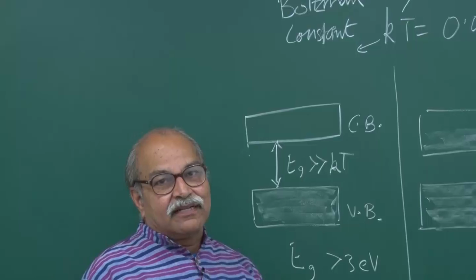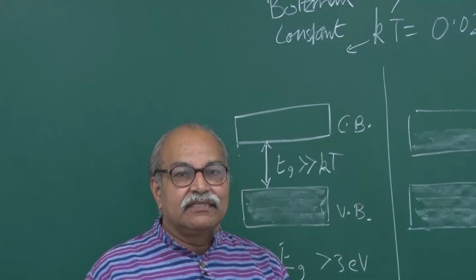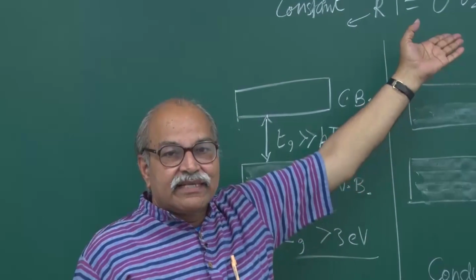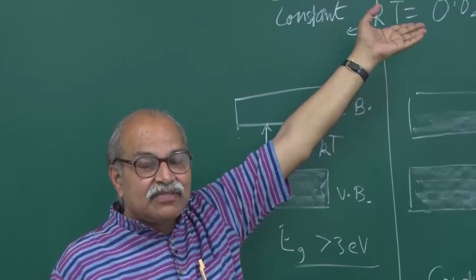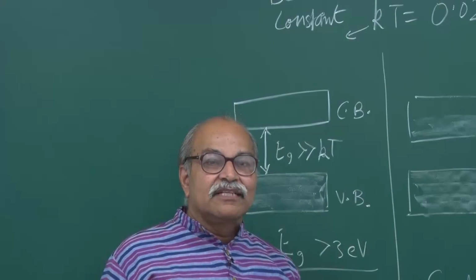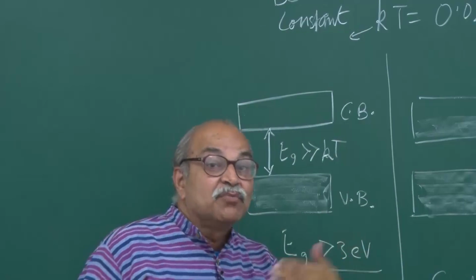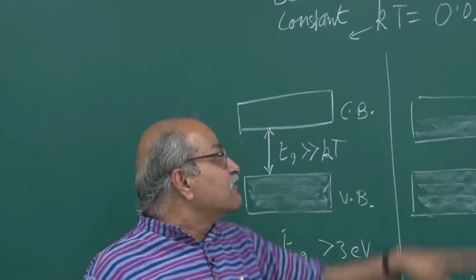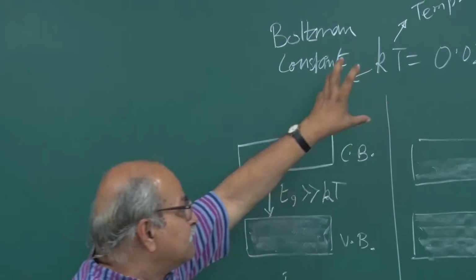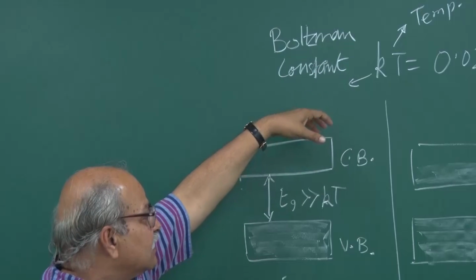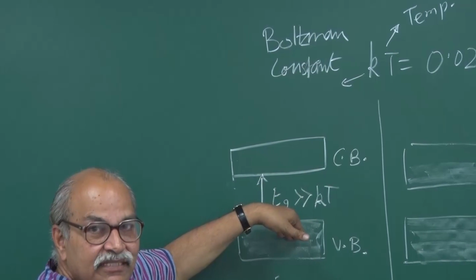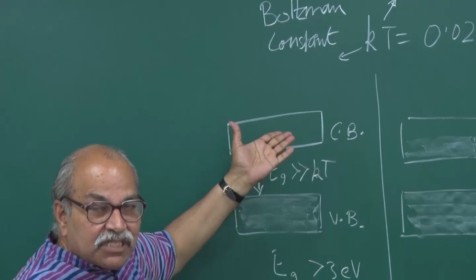But then there are interactions where the energy exchange is much larger than this, 10 times this, 50 times this, 20 times this. There are interactions in which the energy exchange is much smaller than this.